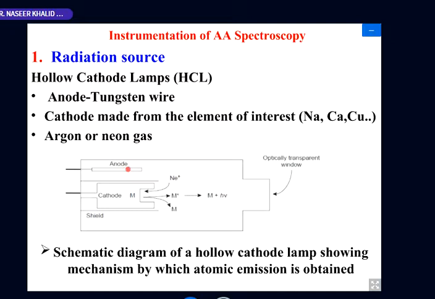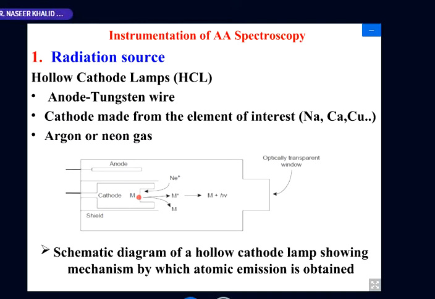The mechanism is that the inert gas present in this environment is ionized due to the high potential between the positive anode and the negative cathode. These ionized particles rush with high speed towards the oppositely charged cathode, where they transfer energy due to momentum to the neutral atoms.